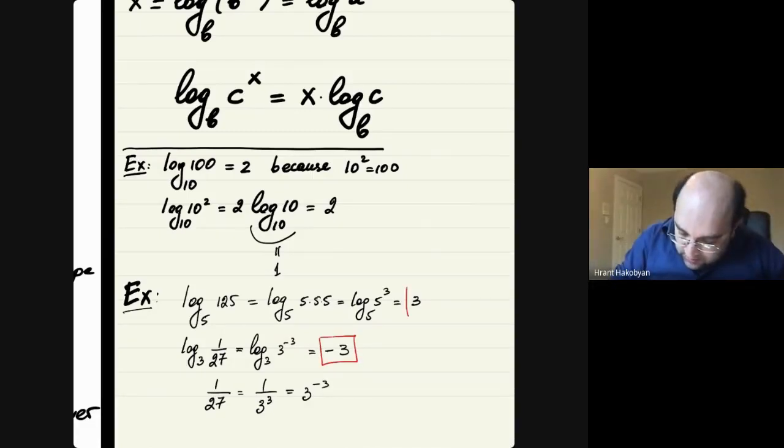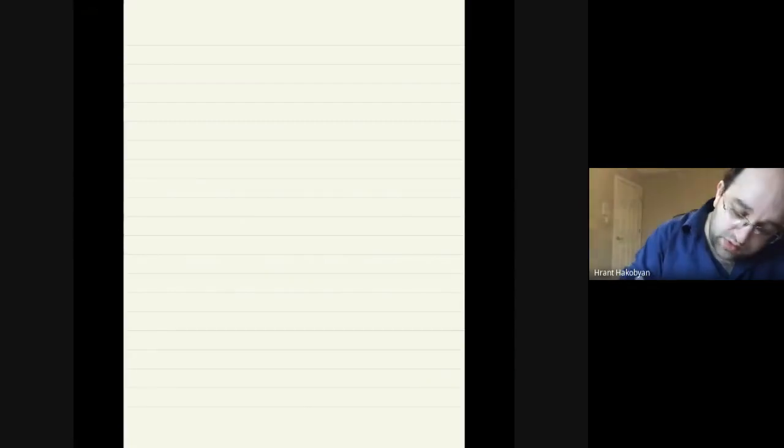Next, I'm going to write down some laws, just like in the case of exponentials. We have laws for logarithms, which make it easy to calculate the logarithm for more complicated expressions. Before we do that, I want to introduce one more notation: logarithmic notation.